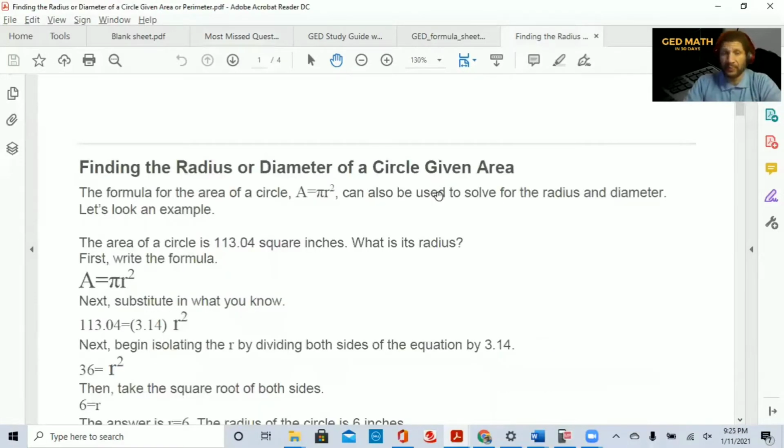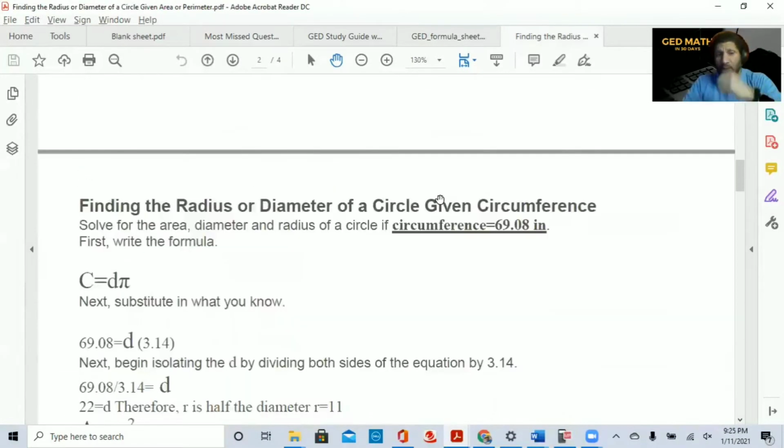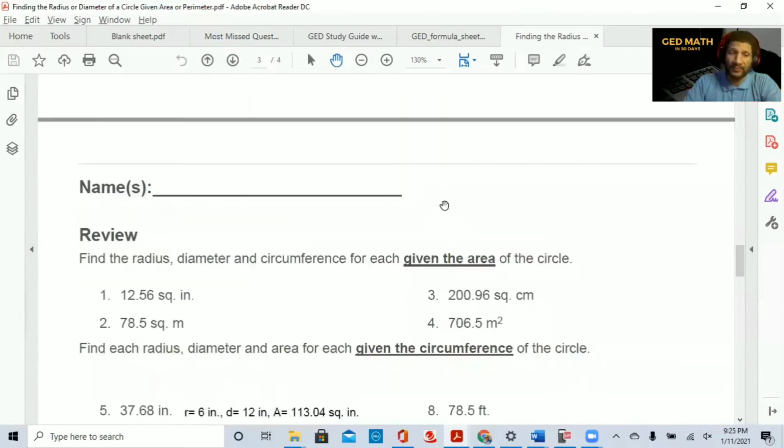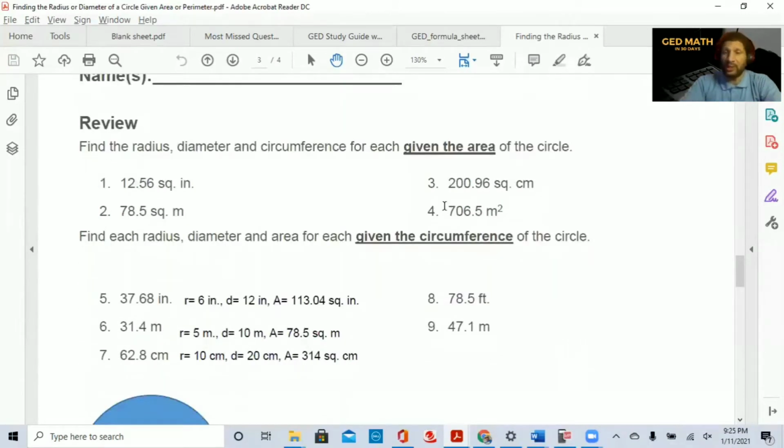Let's go to a couple of questions. We look at this, and it says find the radius, diameter, and circumference for each given the area of the circle.